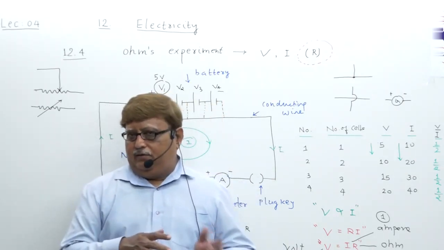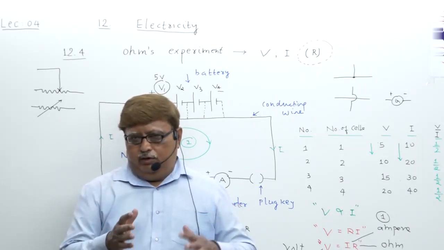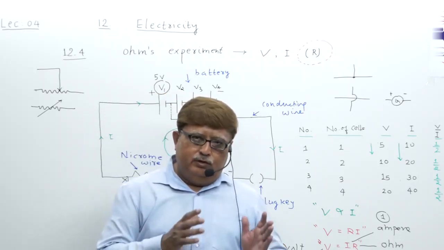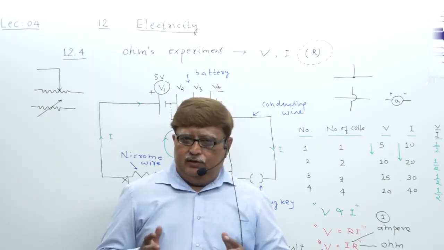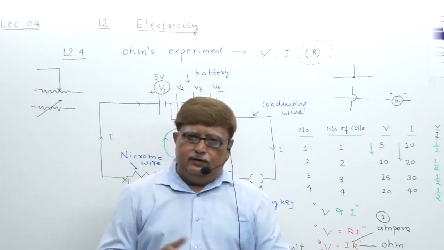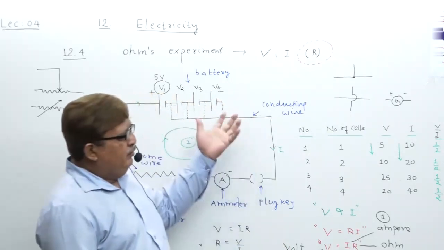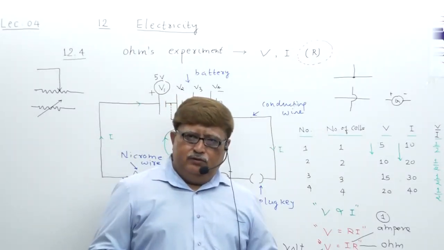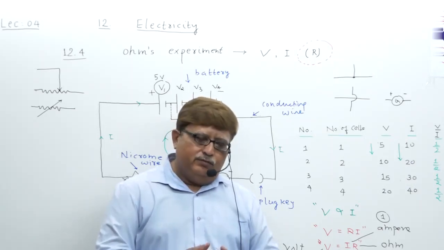And then lecture number 4, to sum up the 3 lectures. In the first 3 lectures you understood about V, I, R. In lecture number 4, relation of V, I and R, that is Ohm's experiment, and some of the circuit symbols I have shown. I am not going to spare a lecture just for drawing the circuit symbols. You can do it yourself also.